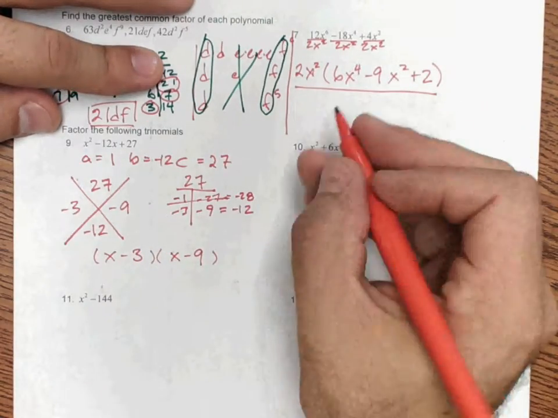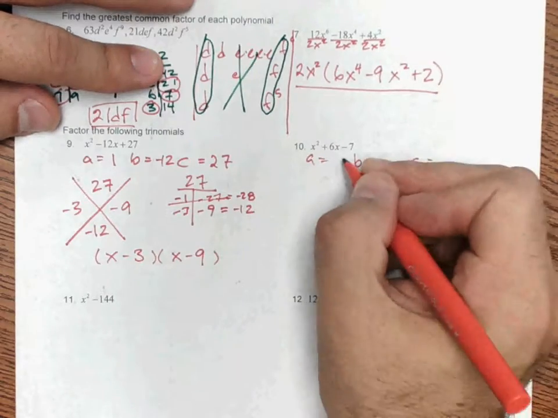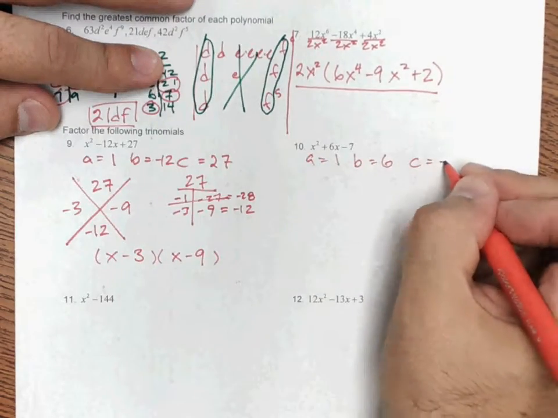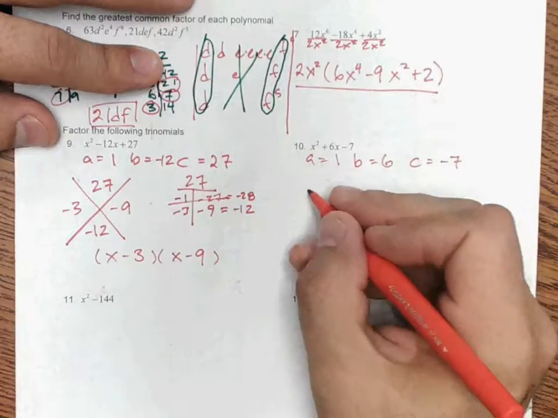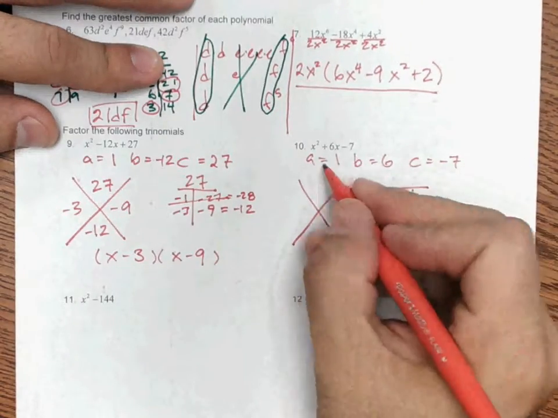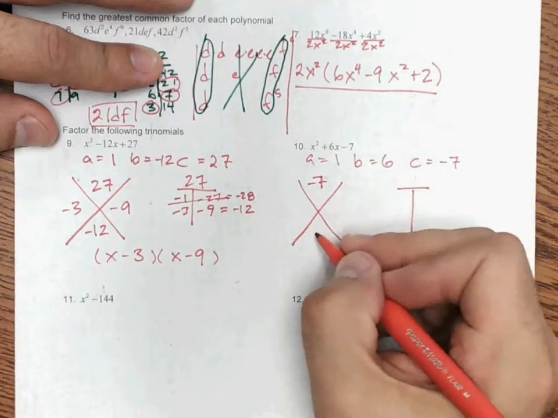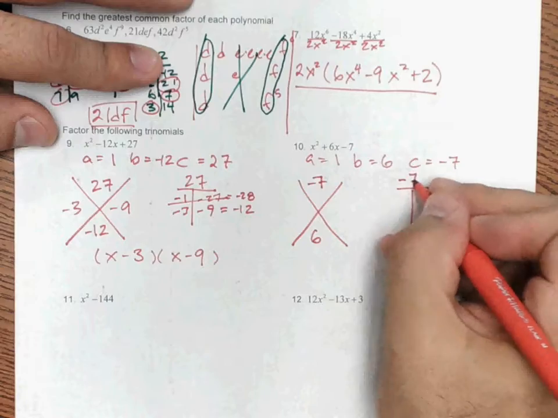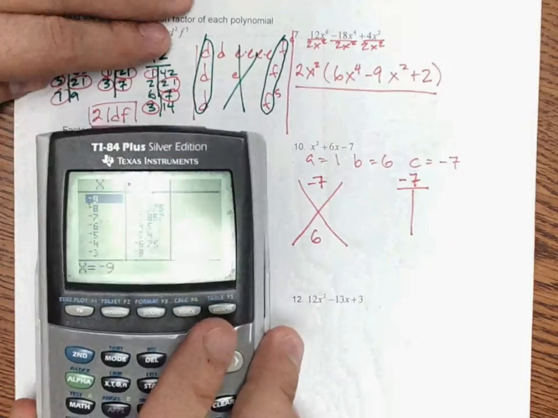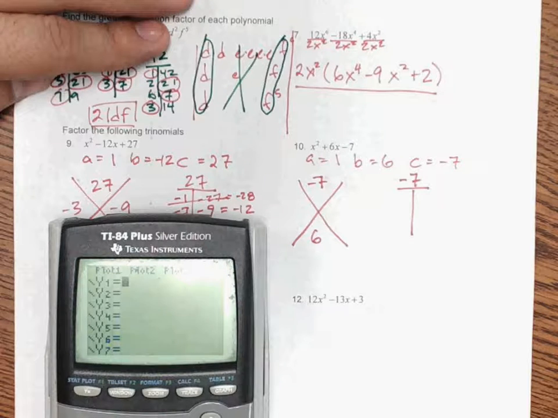Next question, same process. A is 1, B is 6, C is negative 7. So put my large X, make my T-chart. A times C is negative 7. Oops, negative 7. B is 6. So any numbers that multiply to negative 7 and add up to 6, I am going to put negative 7 in here.